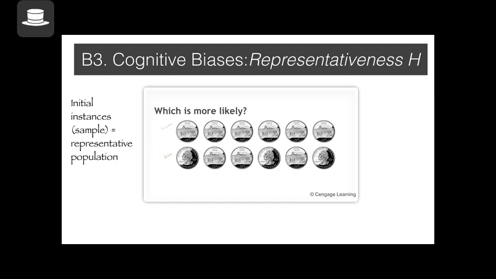Well, people typically say this one is more likely because this combination is more probable, or more like what we experience, and we think that is representative of the actual possibilities. If you look at the actual probability, they are equally likely. So that is the representativeness heuristic. The sample you've experienced, you think represents the entire possible population.